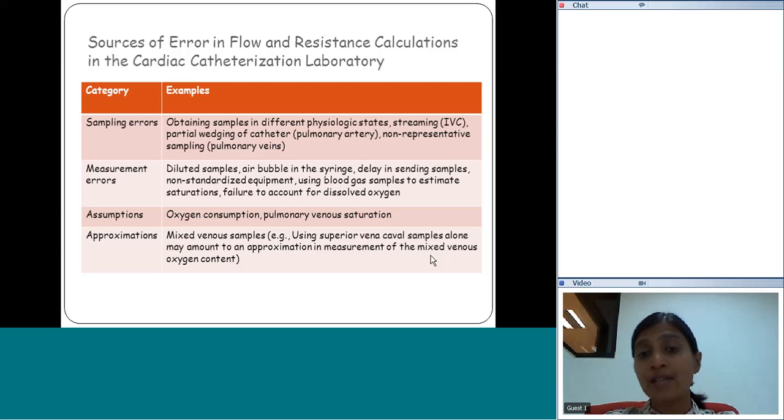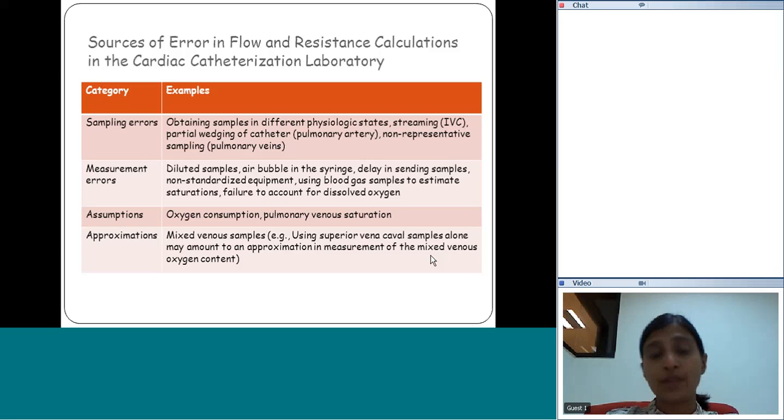So you should try and ensure that your samples go off and you get at least the baseline results. Forget the oxygen results, at least the baseline results you should have, so that you have some valid data to carry out your calculations based on. Of course, we assume a lot of things, you know about that, and so on. So these are the main issues that confound your calculations in the lab.